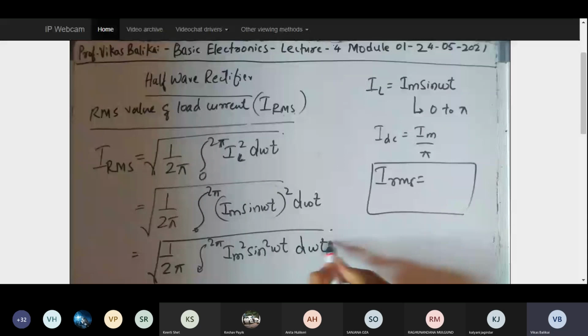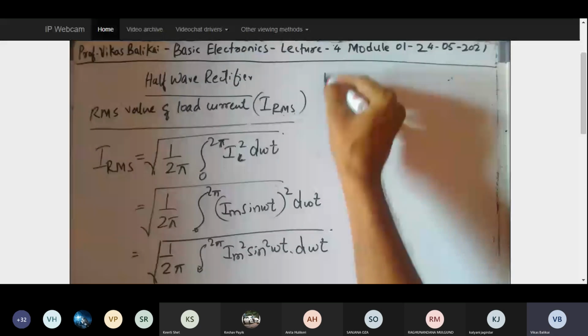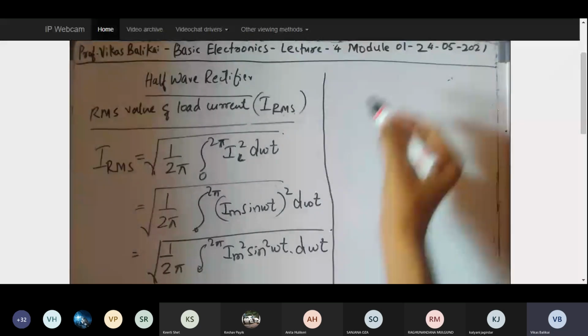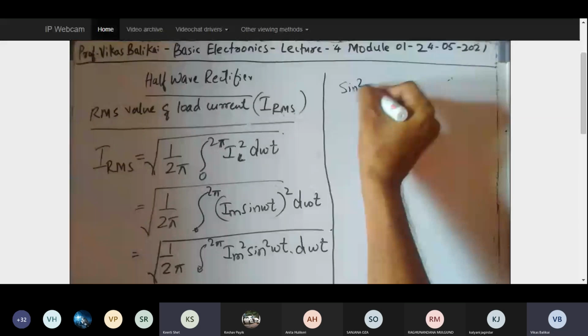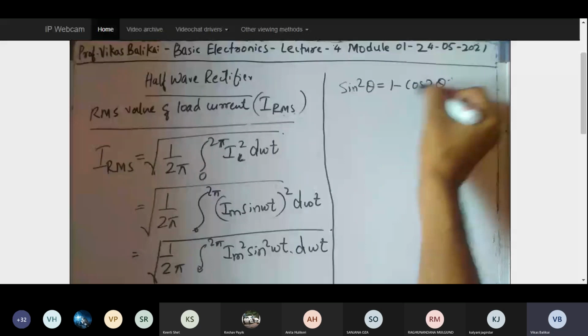So let me erase this entire space and utilize it for my derivation as well. Okay, now let's apply the formula of sine square theta. If I can remember, sine square theta is 1 minus cos 2 theta by 2, right? So this could be used over here.